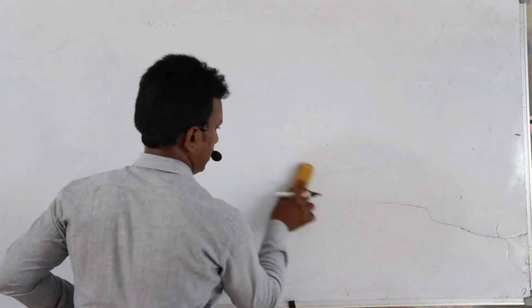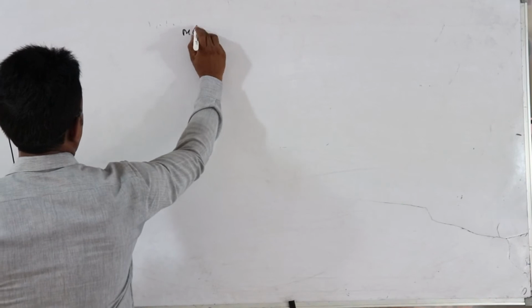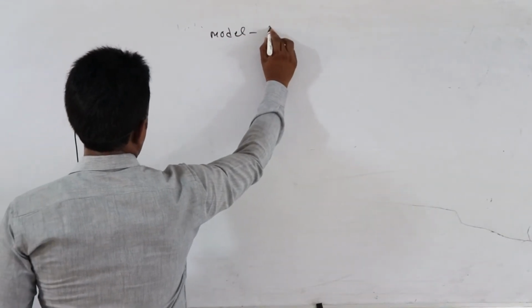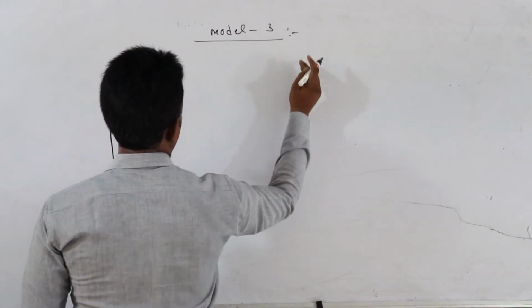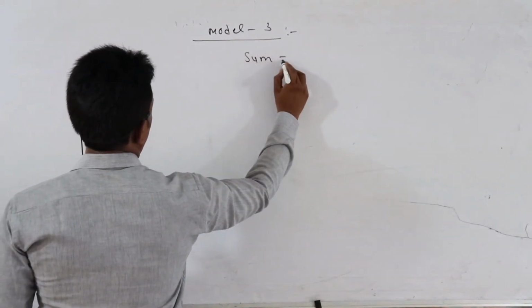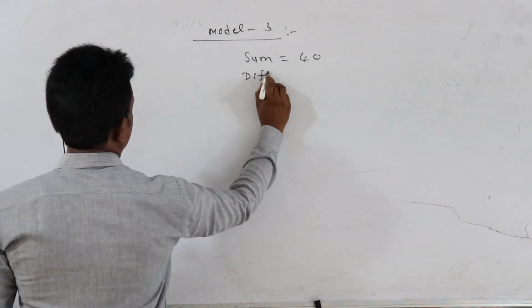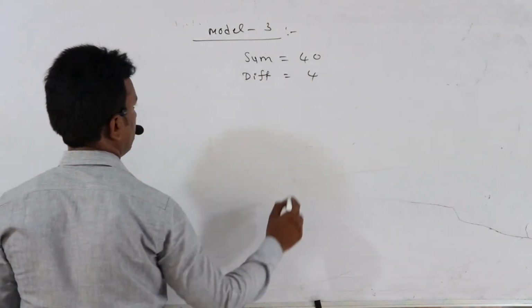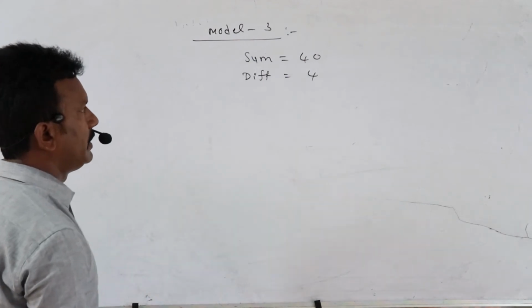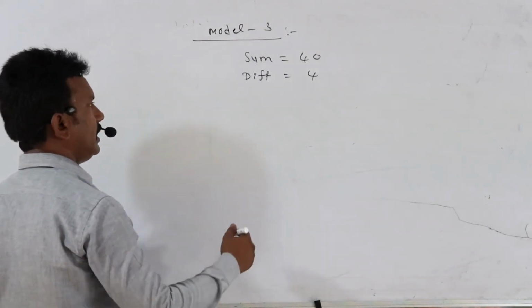Model 3. If the sum of two numbers is 40 and the difference of the same numbers is 4, find the ratio between the numbers.